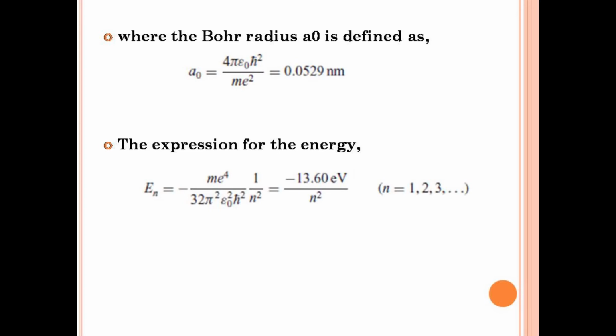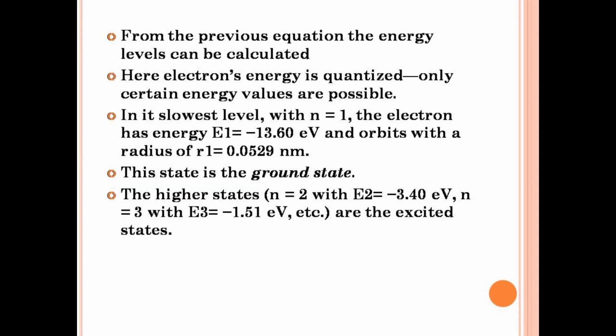0.0529 nanometer. The expression for the energy becomes En = −me⁴/(32π²ε0²ħ²) × 1/n², which, by substituting all the values, equals −13.60/n² electron volts. From this equation, the energy levels can be calculated.